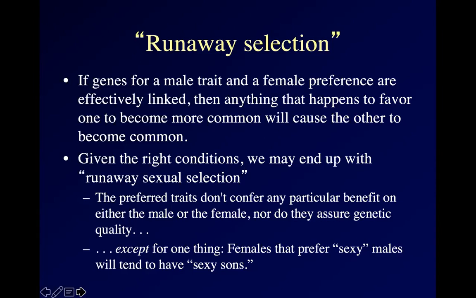And that means in the next generation, you'll have even more fast strokers that also prefer fast strokers. And if you're a slow stroker, it's going to be much harder to find a female that likes that because most of the females are going to be fast strokers. If you're a fast stroker, you have more females to choose from. And the process sort of starts rolling downhill, as it were.